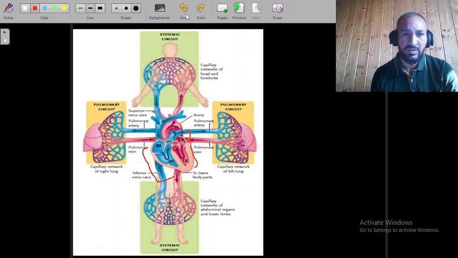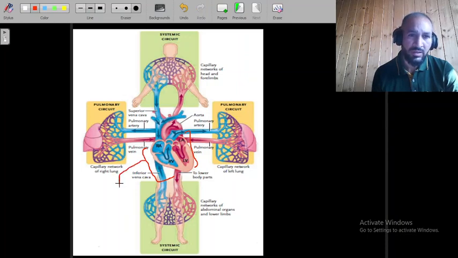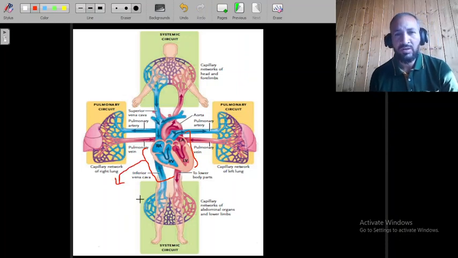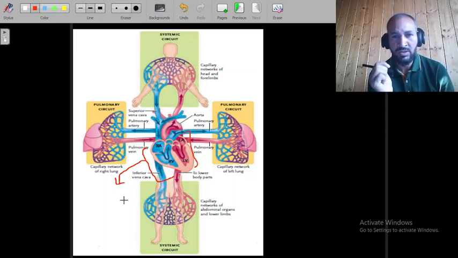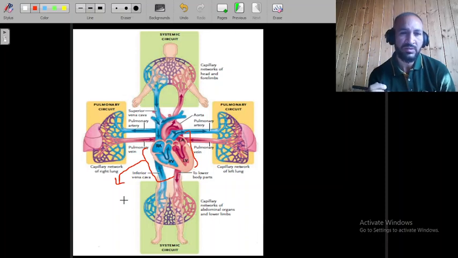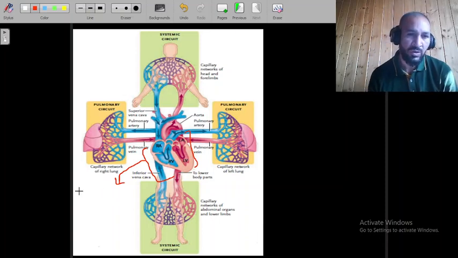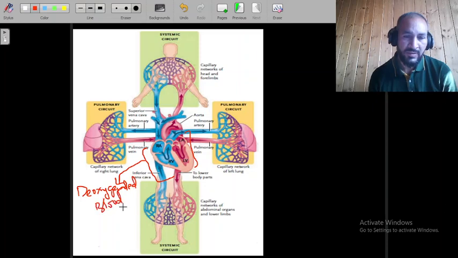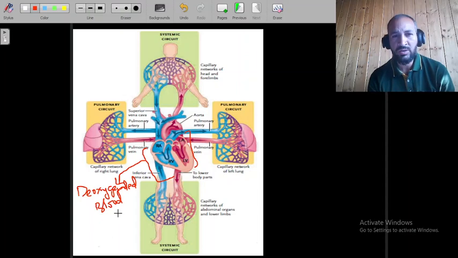Okay, so this right part of your heart, if you see, it's actually meant for the blood which has got very little oxygen, and we call that deoxygenated. So the blood that has got very little oxygen, that is deoxygenated blood.